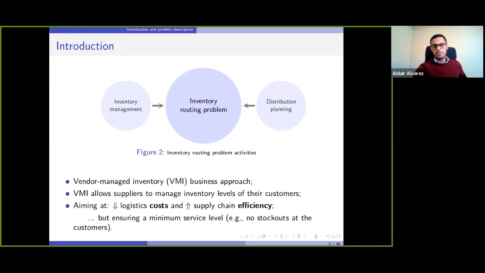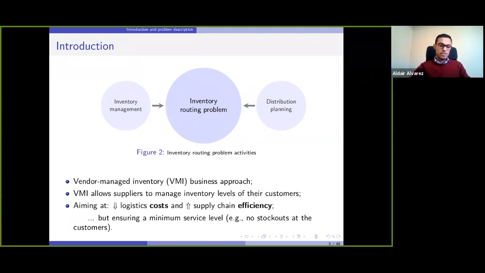This problem appears in the VMI business approach, in which customers give the power of the inventory management to the supplier, so the supplier can manage the inventory level at its customers. And of course, there are some trade-offs involved in this exchange of power.